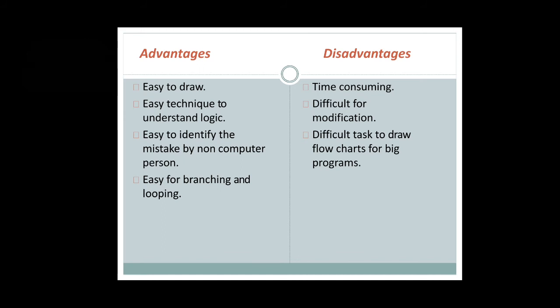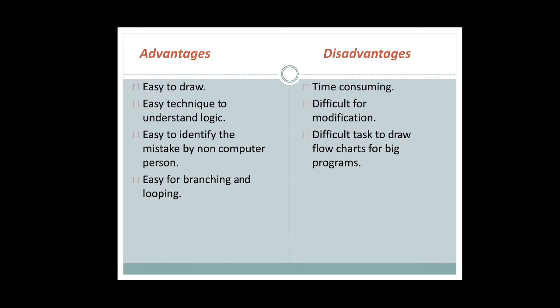The next, advantages and disadvantages of a flowchart. It is easy to draw and understand. Easy technique to understand the logic. Easy to identify mistakes by a non-computer person. Easy to branch and loop. Disadvantages.